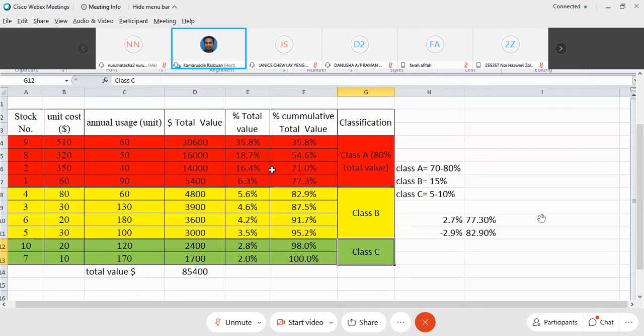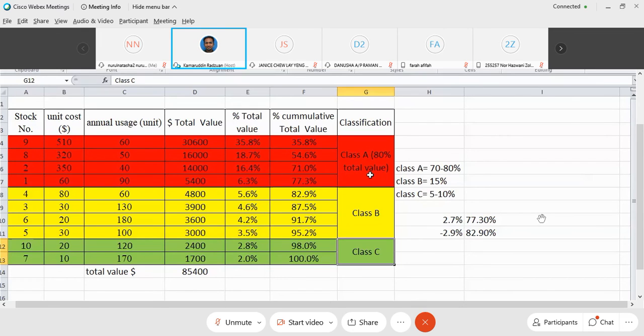Okay. Based on my research finding, some of the organization or company use classification of inventory but do not categorize or classify the inventory into class A, B or C, but some of the company have more than 3 classifications of inventory.